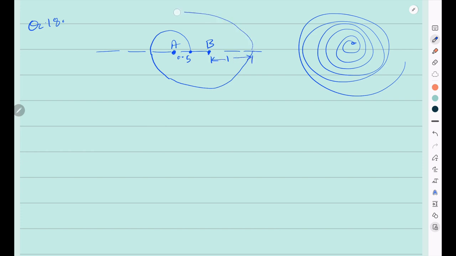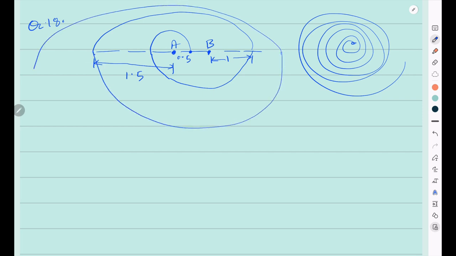And then next time again A becomes the center, and the radius becomes, for the third semicircle, sorry, the semicircle is not very well drawn, but anyway, it becomes 1.5 centimeter, and so on, and then it becomes bigger and bigger. Okay, so this is the spiral.